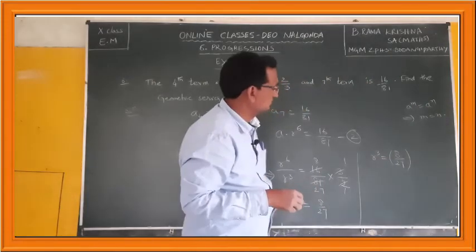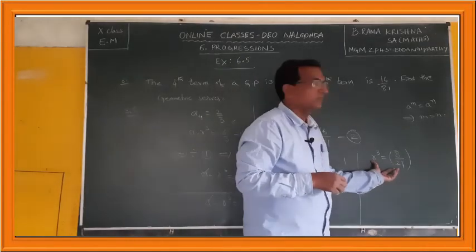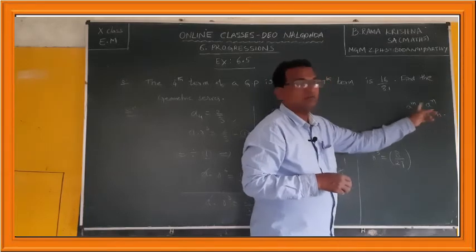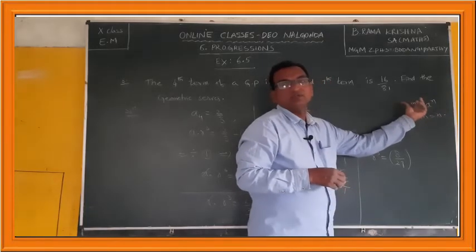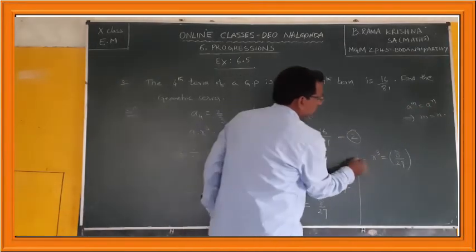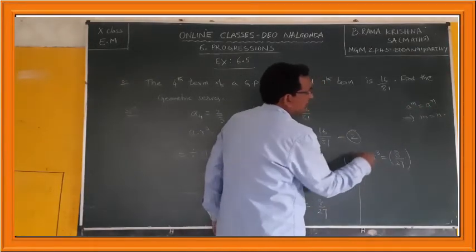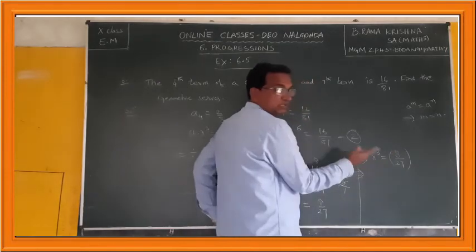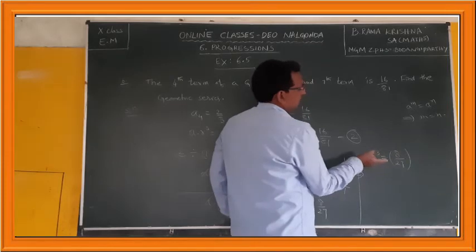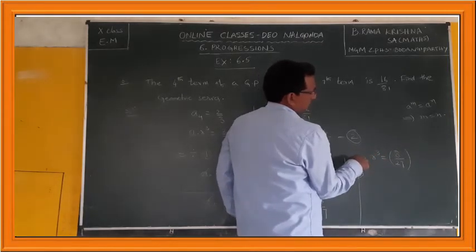So, whenever these two are equal, if bases are equal, powers are equal. If powers are equal, these two will be equal. So, bases can be made equal. If you make the powers or bases equal, you can find the bases or powers accordingly.